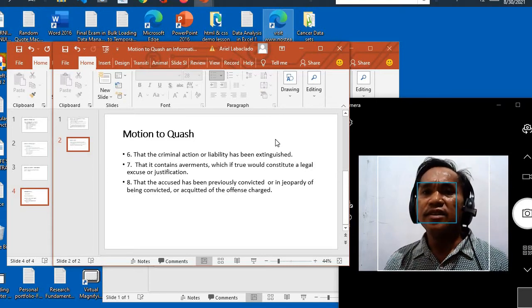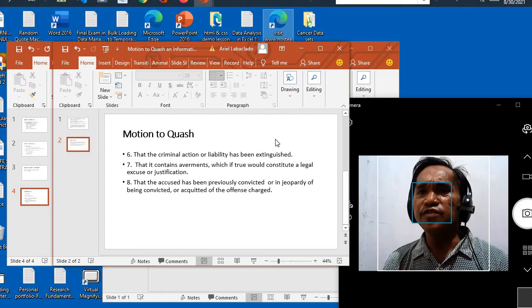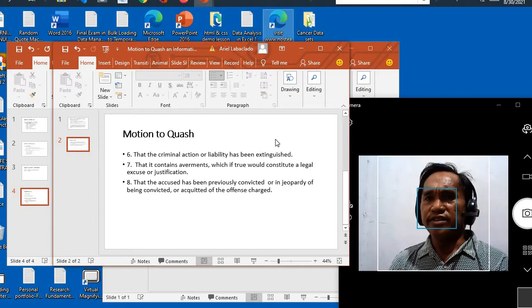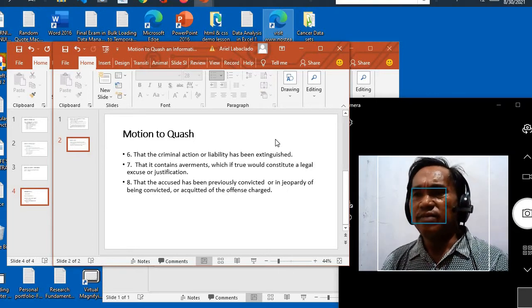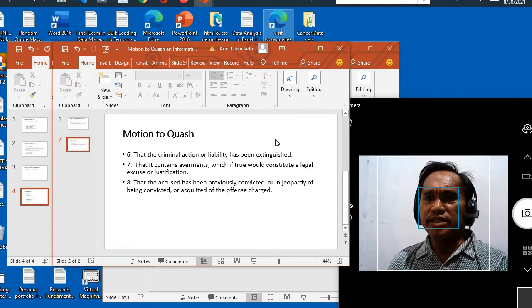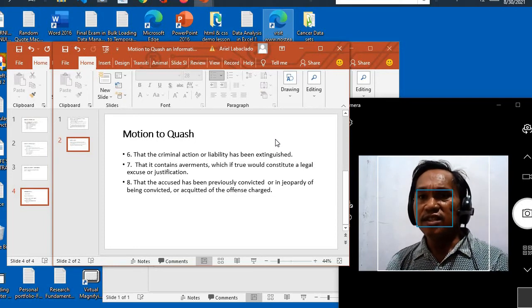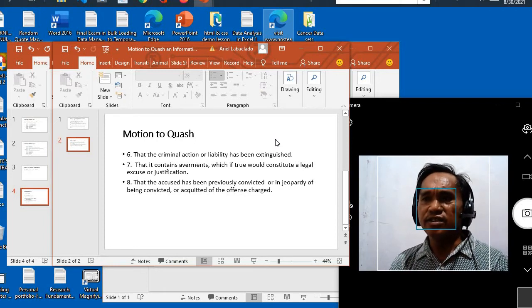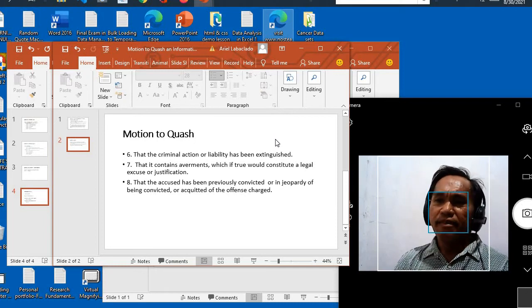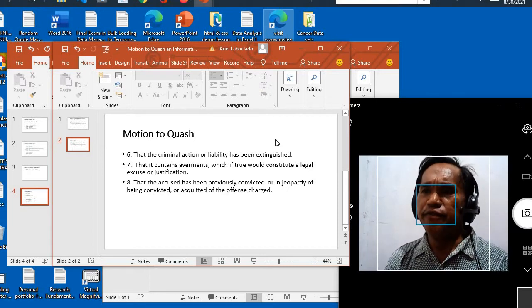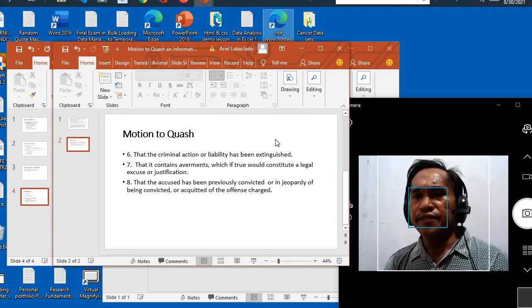Then next, that it contains averments which, if true, would constitute a legal excuse or justification. So marami na yung mga averments sa information, yun bang parang para maka-excuse lang. So the lawyer can move for a motion to quash.